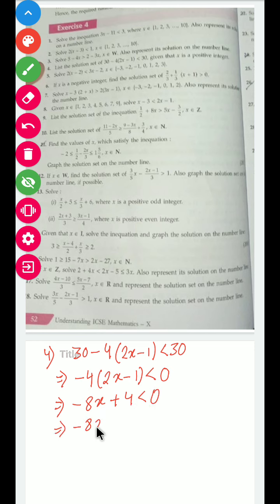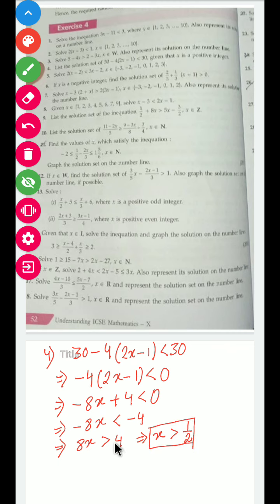Now minus 8x less than, if this 4 goes to that side, this will be minus 4. Now if you multiply both sides by minus 1, then what happens? The sign will be changed. So here it will be 8x greater than 4. Now x is greater than 4 by 8, so that will be 1 by 2.